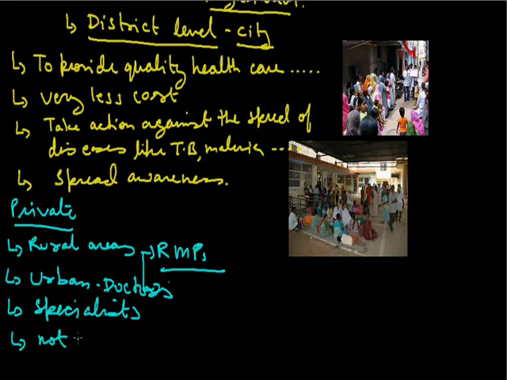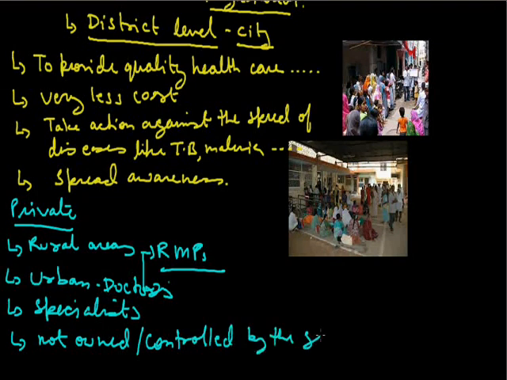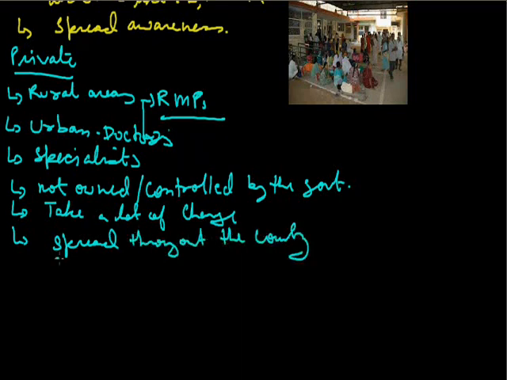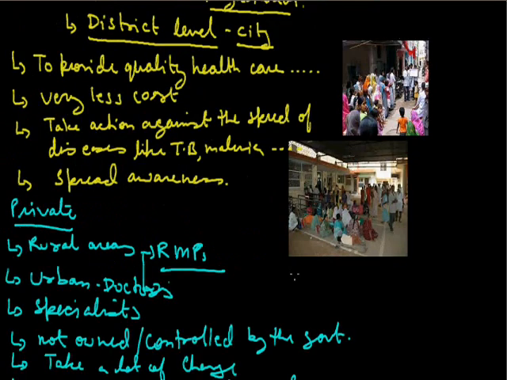They are not owned or controlled by the government. They take a lot of charge for their services. To provide the best health services, they need money, and for that they take a lot of charges. These services are spread throughout the country, but in urban areas only.